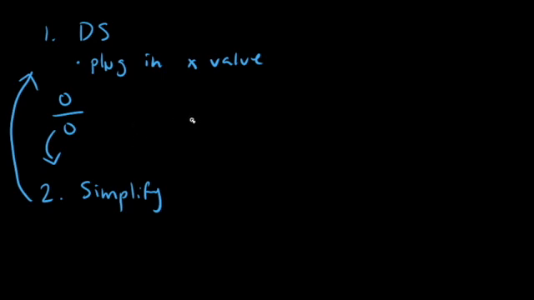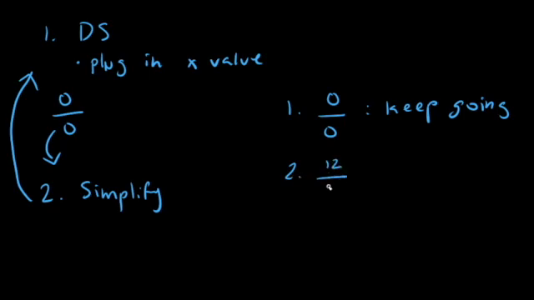And so you also want to learn that there are 3 different forms in which you can get an answer, right? You can get 0 over 0, which just tells us that we need to keep going and simplify. The second form could be a number over 0, which just tells us that we have a vertical asymptote at that x value.